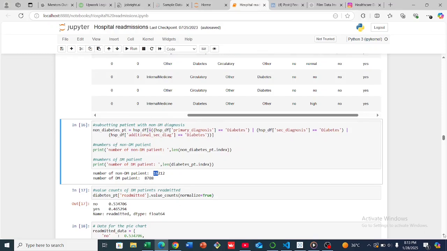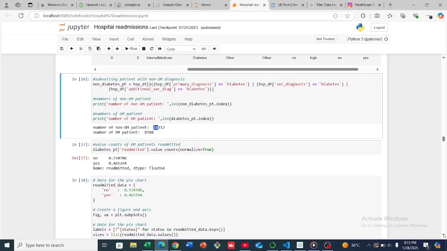Because we are trying to say, is diabetes a cause of readmission in patients? That's the question we have been trying to answer, right? So let's look at the percentage of these patients that have been readmitted for just our diabetic patients.